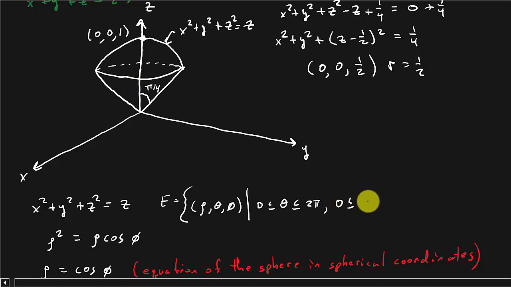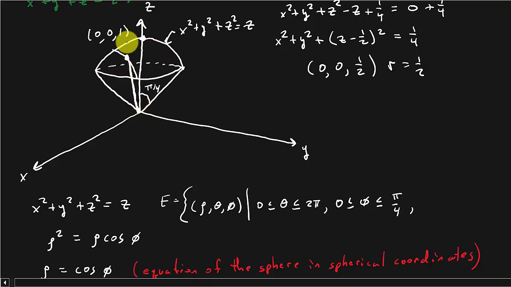0 less than or equal to phi less than or equal to pi over 4. And then rho, well, notice rho is going from the origin to a point on the sphere. You can kind of look at it like this. It's going somewhere on that sphere. And what is this point?